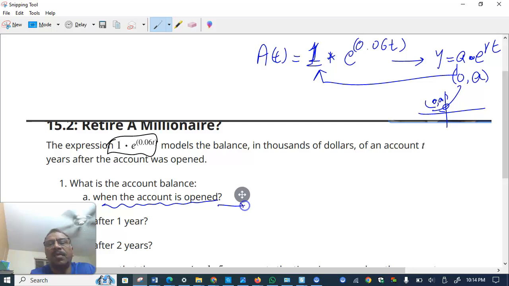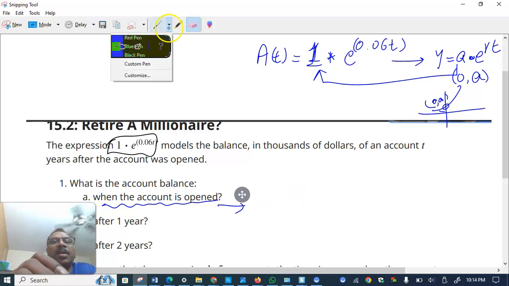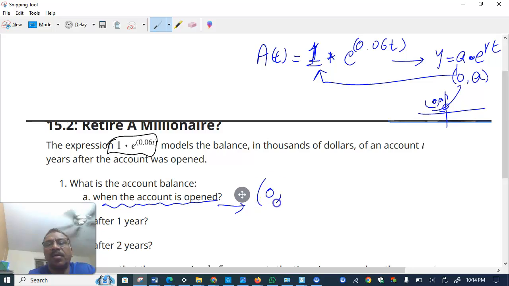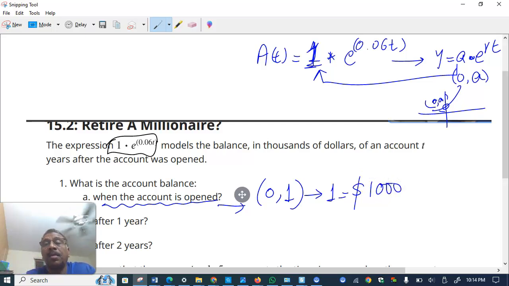So the answer for this is 1. In the beginning, when t is 0, A is 1. Now what does this mean? Because it says thousands of dollars, 1 is $1,000. So this basically means it is $1,000.